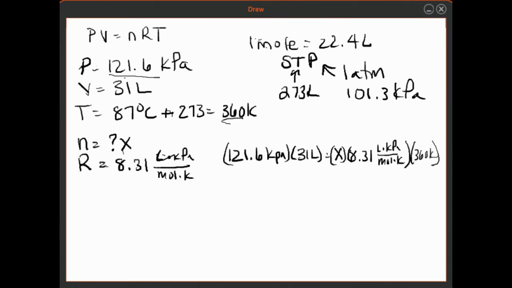So let me pull up my calculator here. So 121.6 multiplied by 31, and we get 3,769.6, and that's going to be kPa times liters.